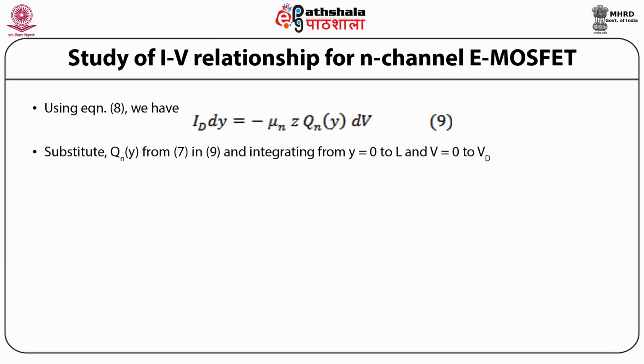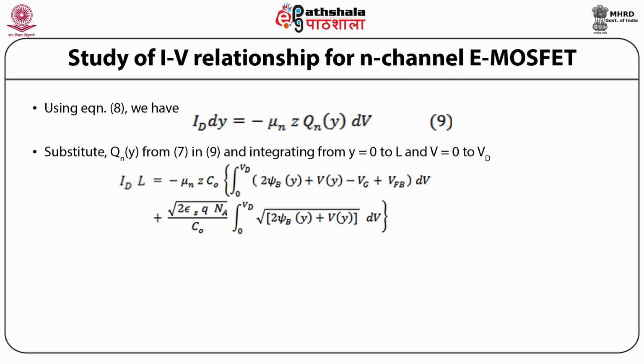Now substituting Qn(y) from equation 7 in 9 and integrating from y equal to 0 to L and from V equal to 0 to Vd, we get Id multiplied by L equal to minus mu n Z C0 multiplied by the integral from 0 to Vd of bracket 2 psi b plus Vy minus Vg plus VFB bracket multiplied by dV, plus root of 2 epsilon s q NA by C0 multiplied by the integral from 0 to Vd of root of 2 psi b plus Vy multiplied by dV.